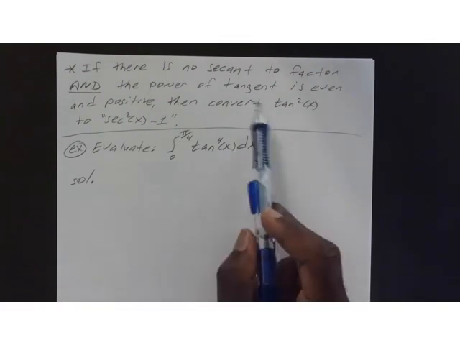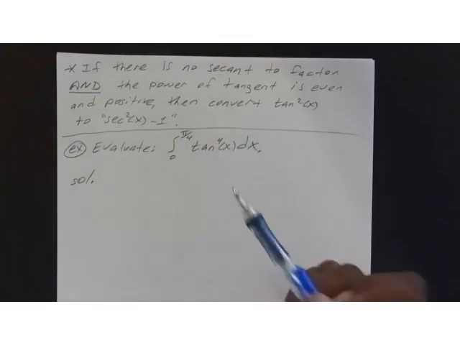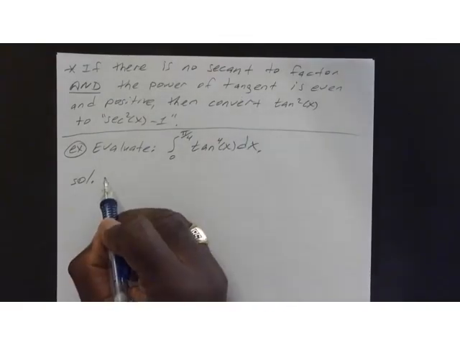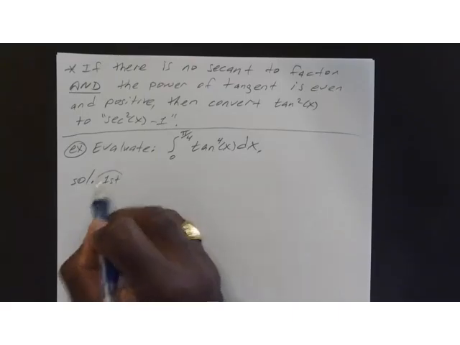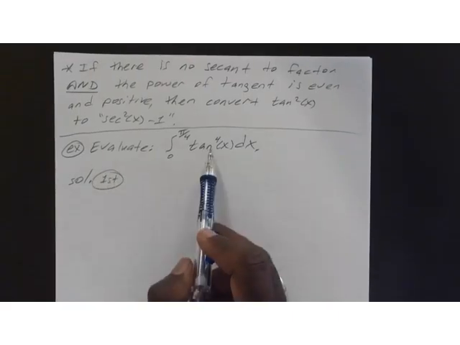So if you don't have a secant you can factor out, first thing we're going to do is factor out a tangent squared.